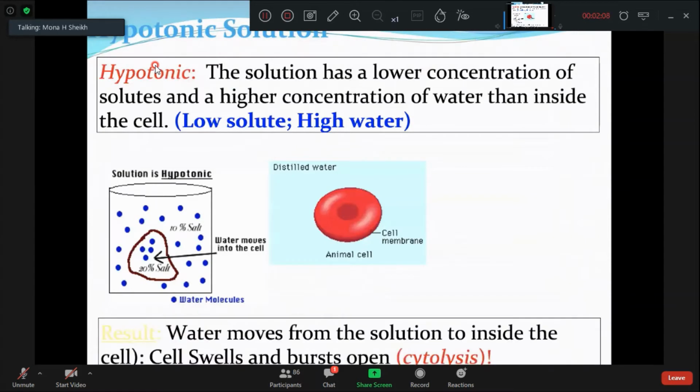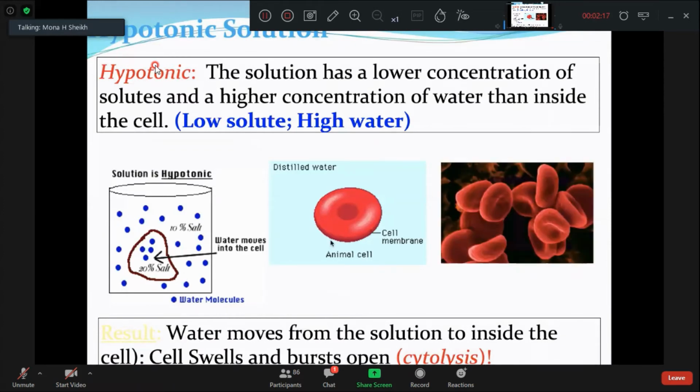Okay, let us see what happens when you have some cell in a solution. My red blood cells have, we call them, 330 milliosmoles. So it's like, which we consider as isoosmotic.